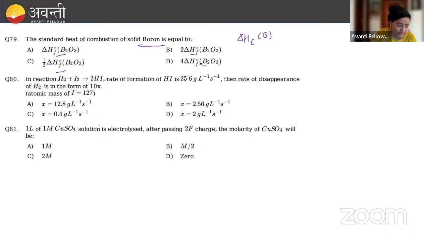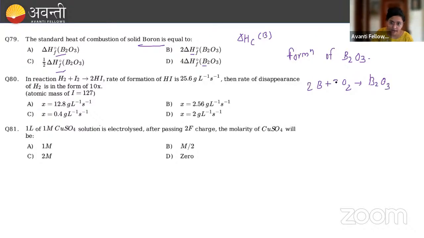So let's start by considering the chemical equation for formation of B2O3, from boron and oxygen. Let's try to balance this reaction.